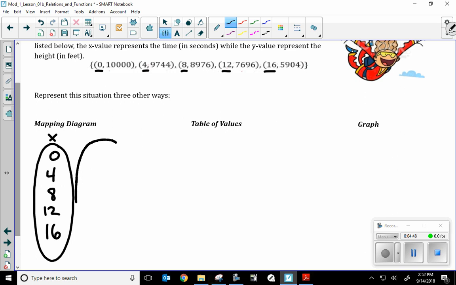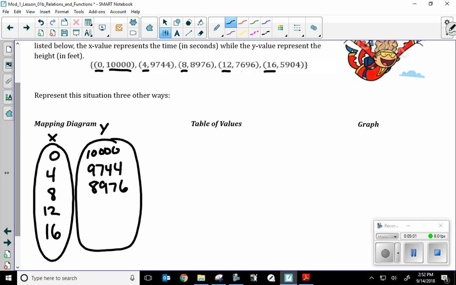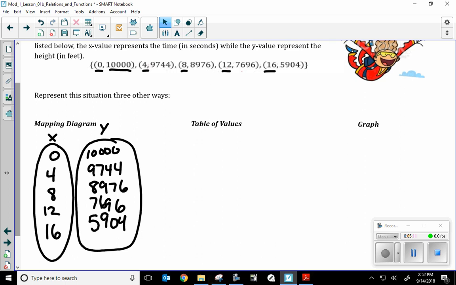And I have my Y's, which I'm going to make a little wider because I have bigger numbers here. 10,000, 9,744, 8,976, 7,696, and 5,904.